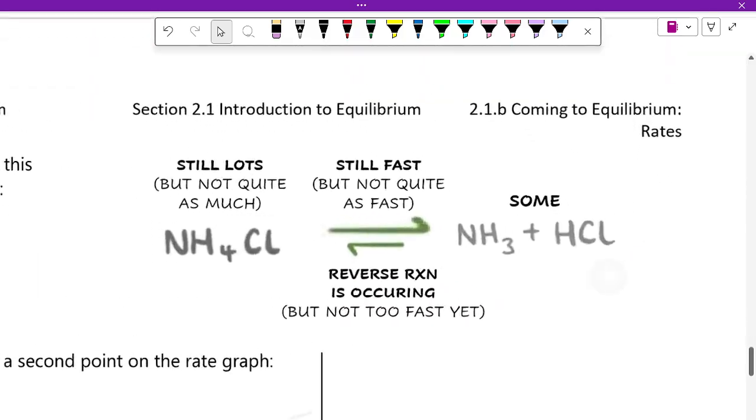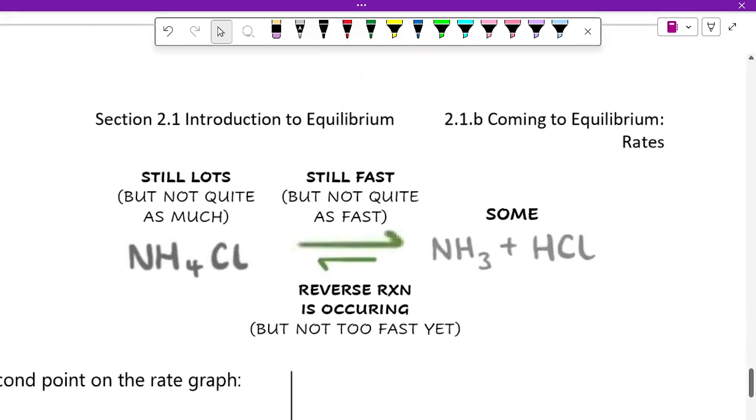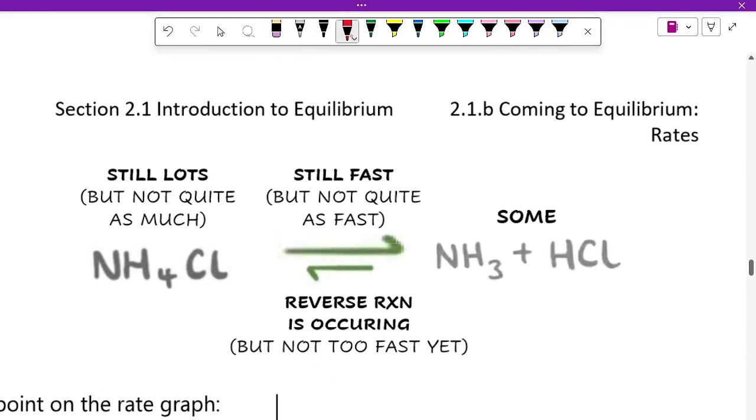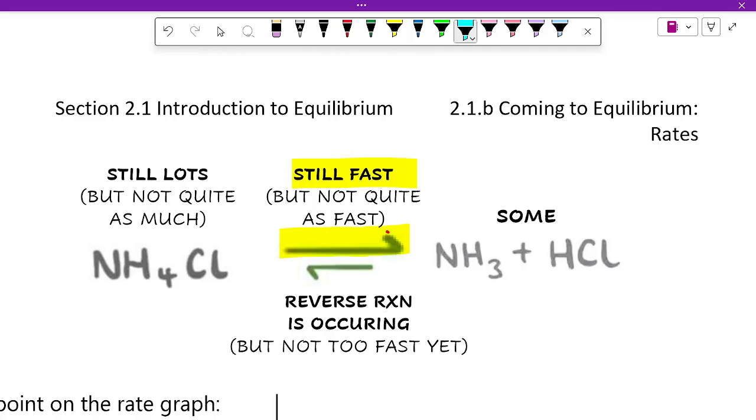Sometimes I do that. So now the forward rate is still fast, and we're going to show that by the arrow being quite large. It's still fast, but not quite as fast. And our reverse rate is, now it is occurring. It's occurring, yay, but it's not too fast yet. So that means our forward rate is still faster than our reverse rate.